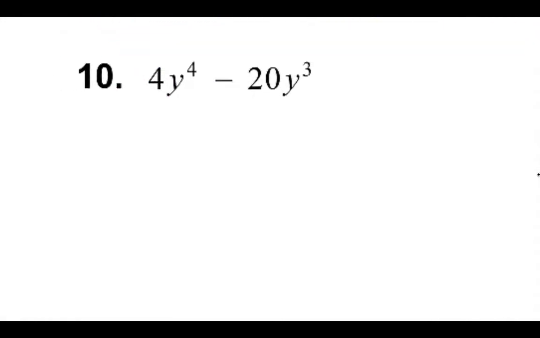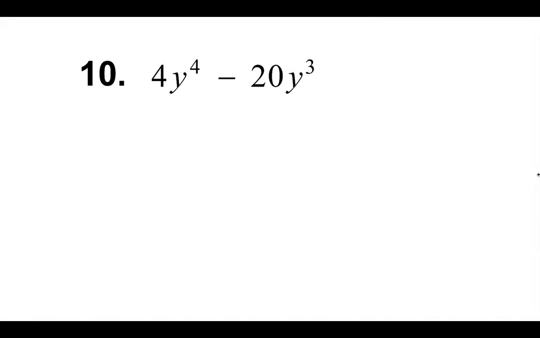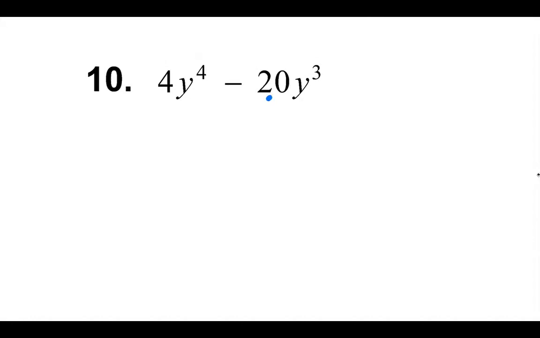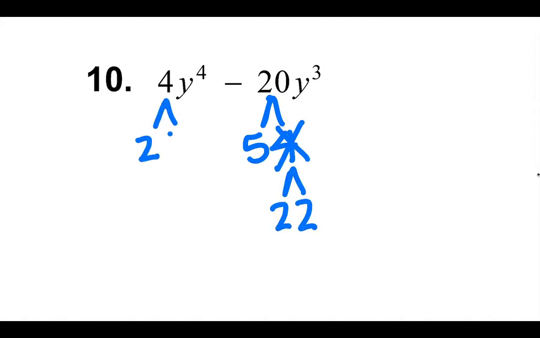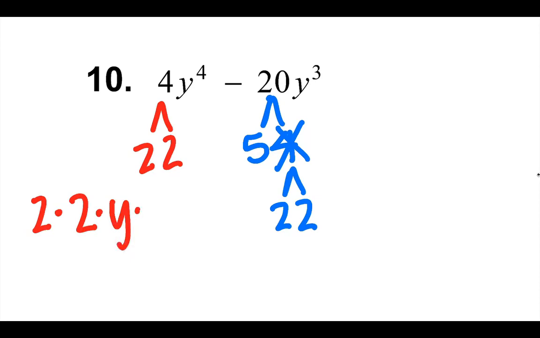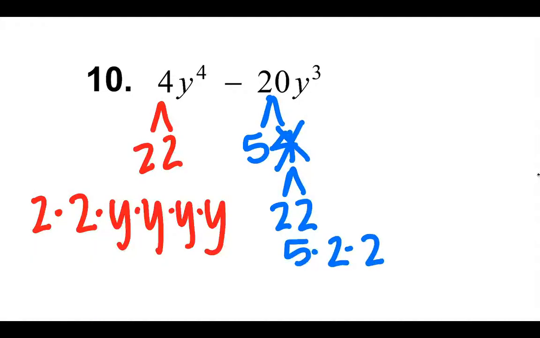So if I look at 10, in this case our greatest common factor is going to be 4, because if I take this down, I've got 5 and 4, and 4 can be broken down to 2 and 2, and this can be broken down into 2 and 2. I'll do a different color. So over here I've got 2 times 2 times y four times, and over here in blue, I've got 5 times 2 times y three times.